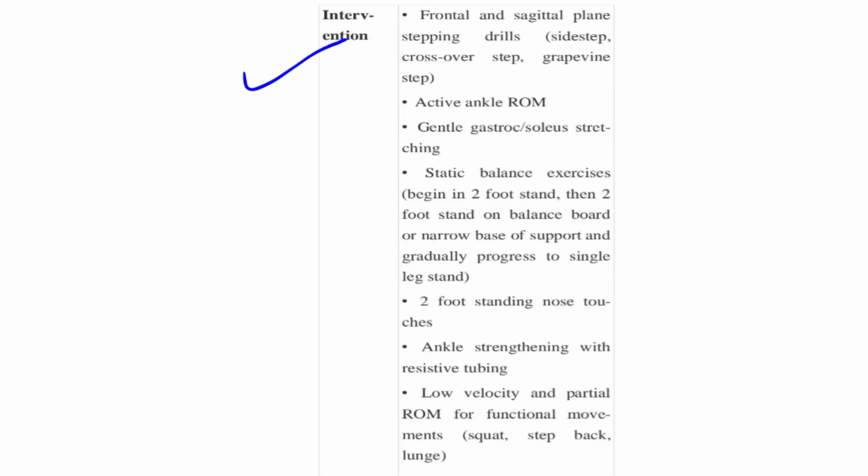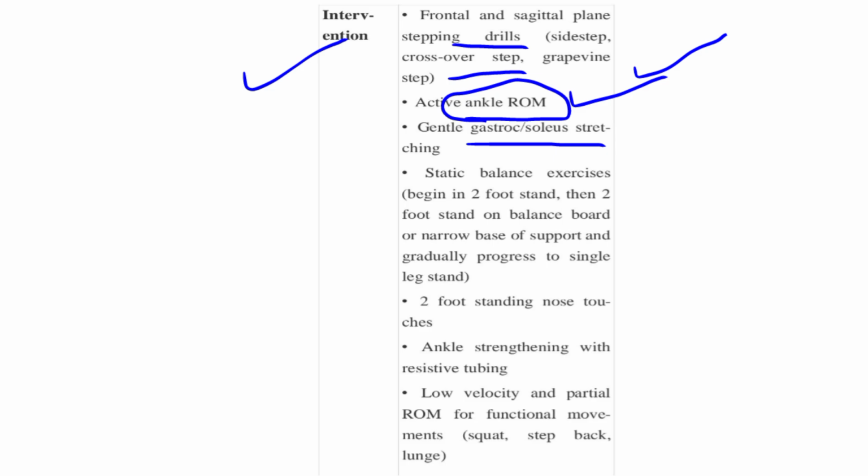Interventions in the second phase are frontal and sagittal plane stepping drills, side step, and crossover step. Active ankle range of motion for the muscles to work, and gentle gastrocnemius and soleus stretch. Static balance exercises: two-foot standing, nose touch.